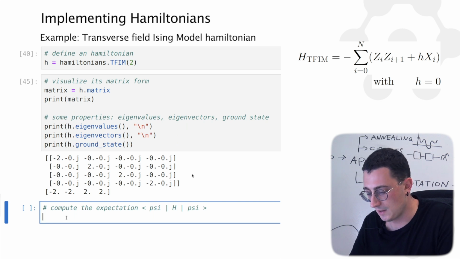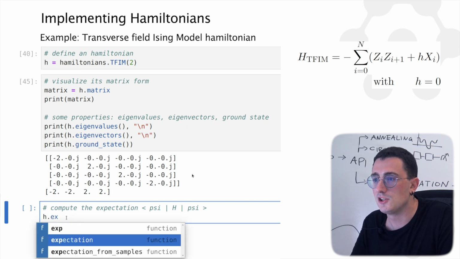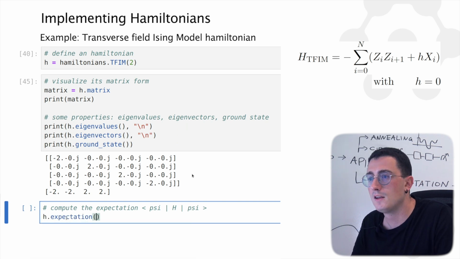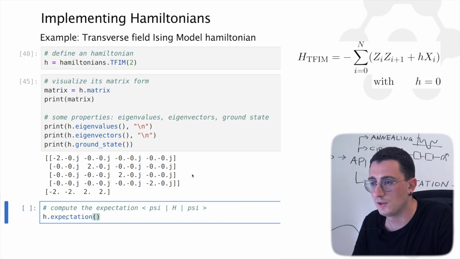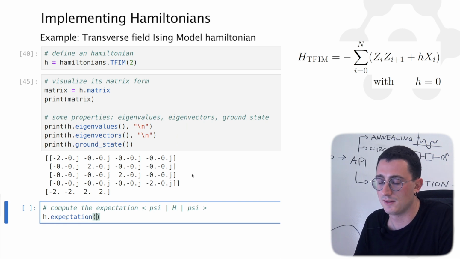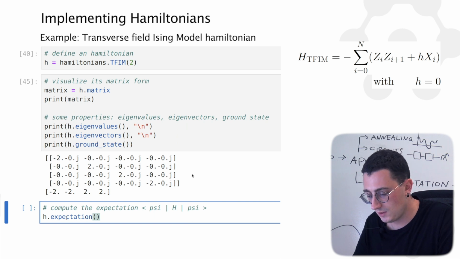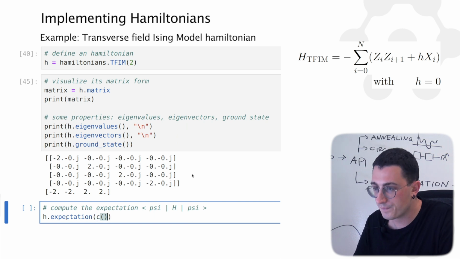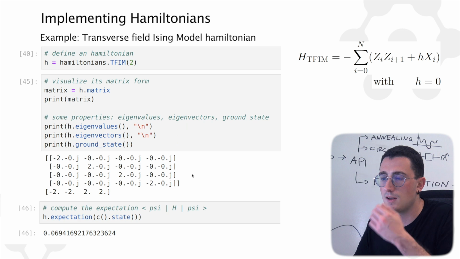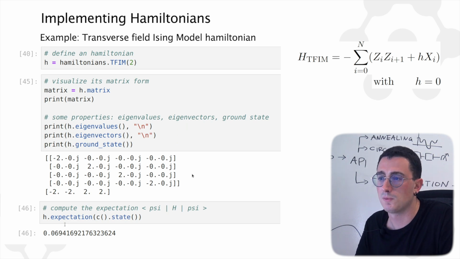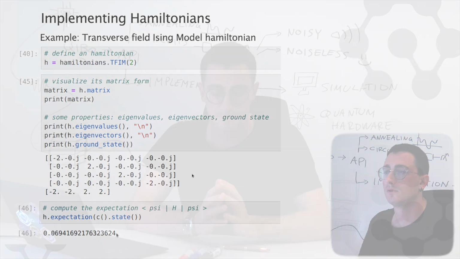So we can just type H.expectation, and this will return us the exact expectation value, thanks to the exact simulation. And we just need to provide it with the state. So we should call c_executed.state, because we need to pass a Qibo state object. As you can see, we get the expectation value, which is 0.069 and so on.